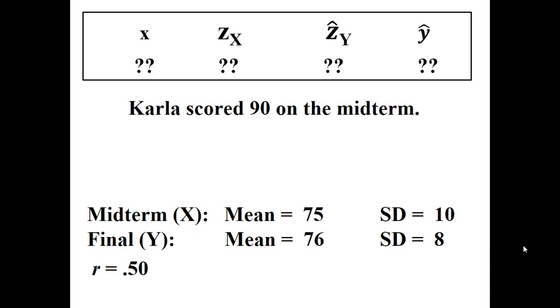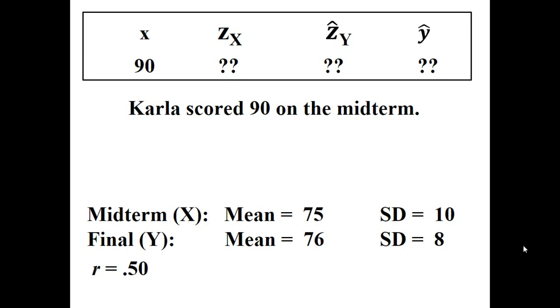Now we're going to use this box here at the top to keep track of what we do in solving this problem. Here's how we begin. We know that Carla scored 90 on the midterm. That's our starting point of x. So we write 90 up here for x.